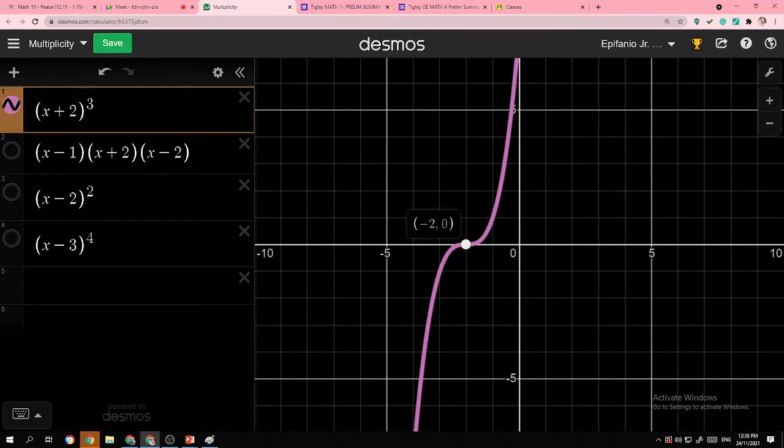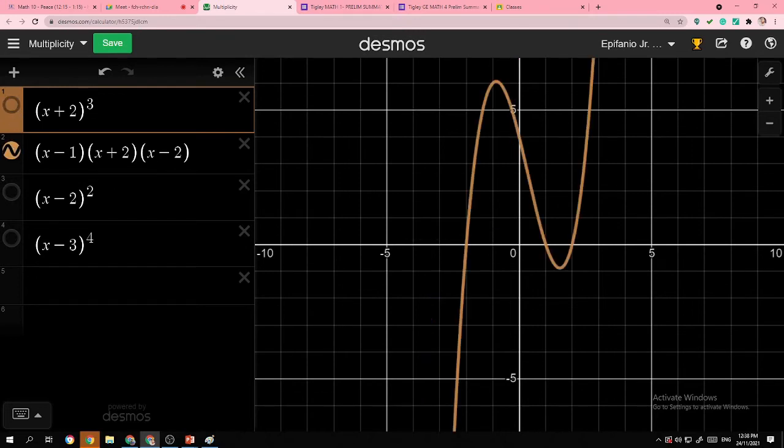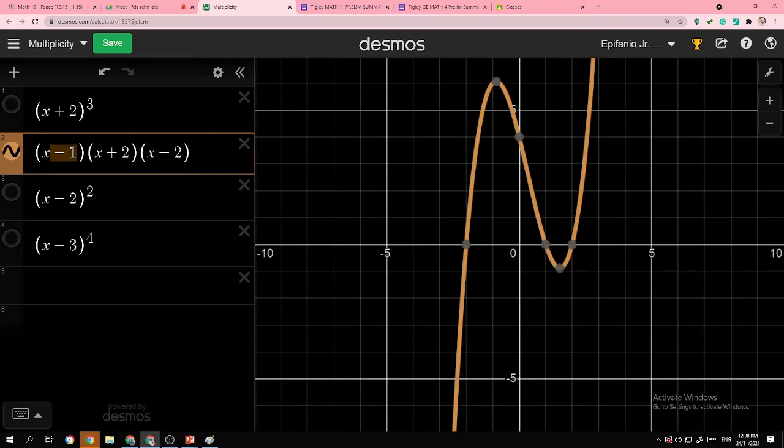If I examine the second one, look at this. The opposite of this is positive 1, then negative 2, and then positive 2. So these, 1, negative 2 and 2, are the roots which we determined a while ago.